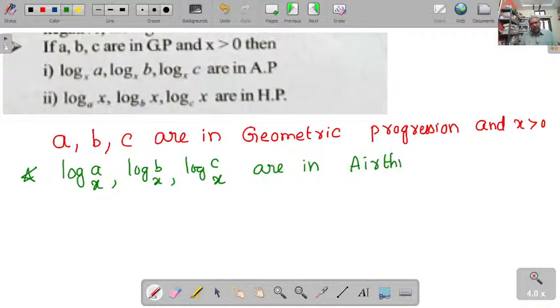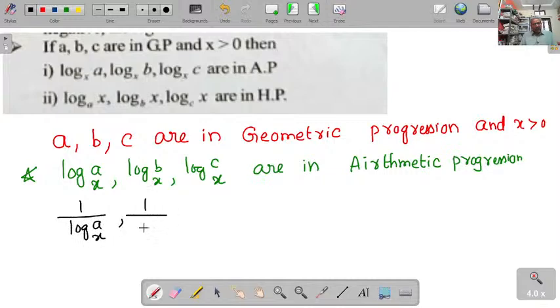That means AP, arithmetic progression. So write the reciprocals, that means 1 upon log a to the base x, 1 upon log b to the base x, 1 upon log c to the base x.